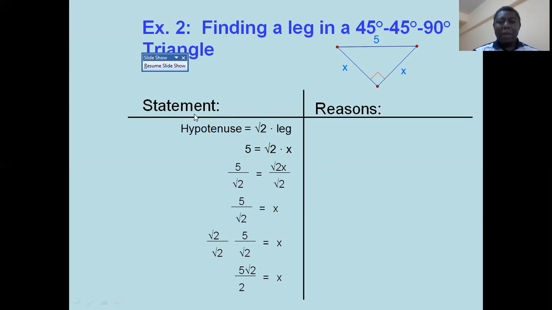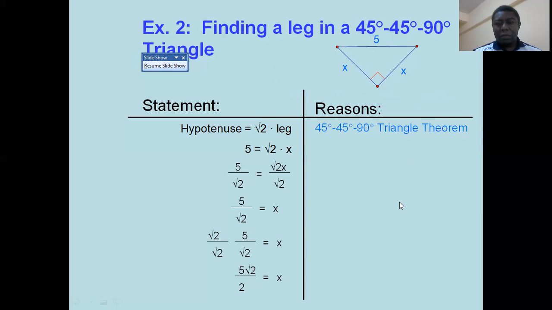Since the hypotenuse is 5 and is equal to square root of 2 times a leg, which is x, we solve for x. And here we have x to be 5 square root of 2 over 2. So this is the value of x.